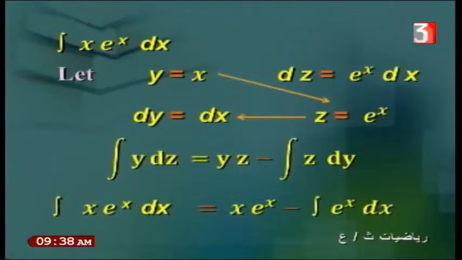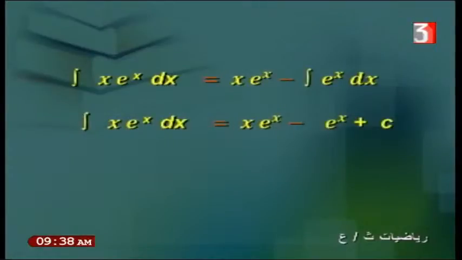Integration of x e^x dx equals x times e^x minus integration of e^x dx. This relation, x e^x minus integration of e^x dx, equals x e^x minus e^x plus c.